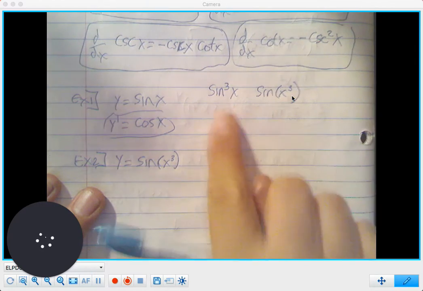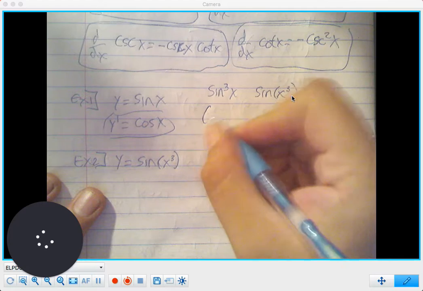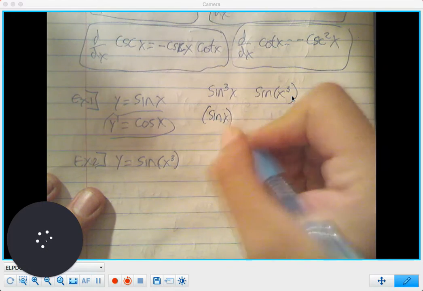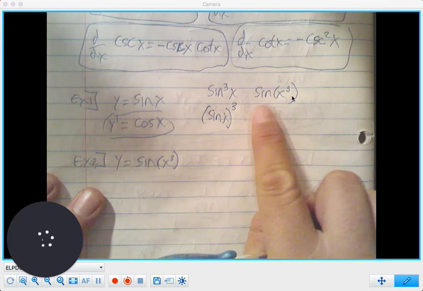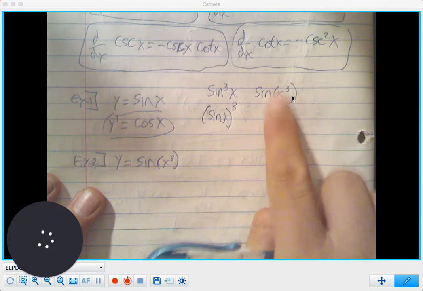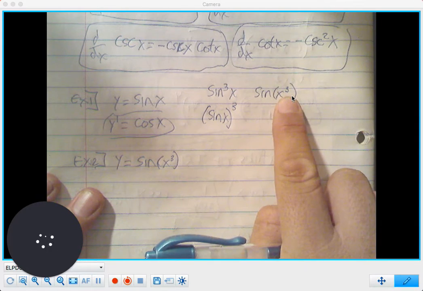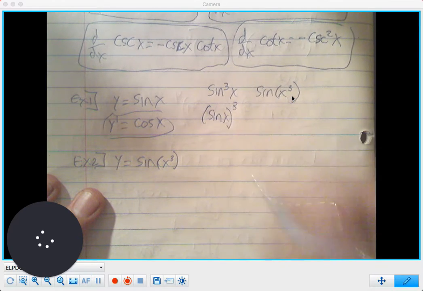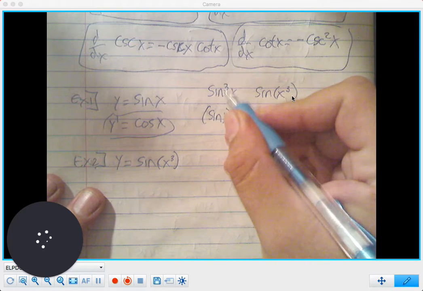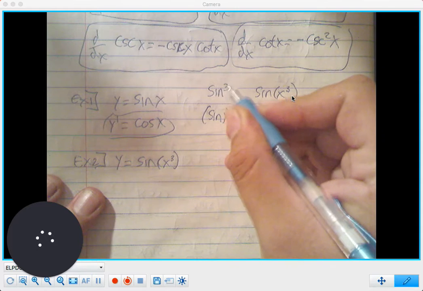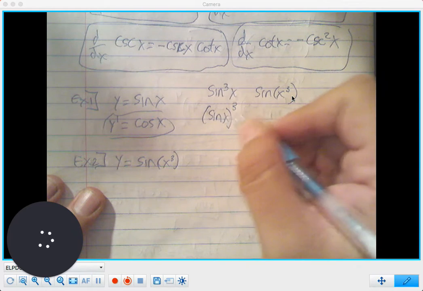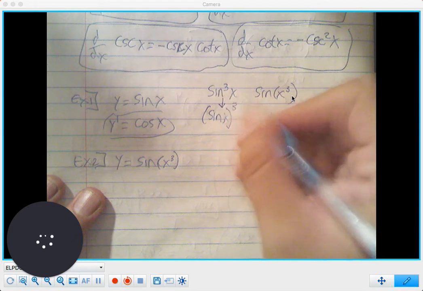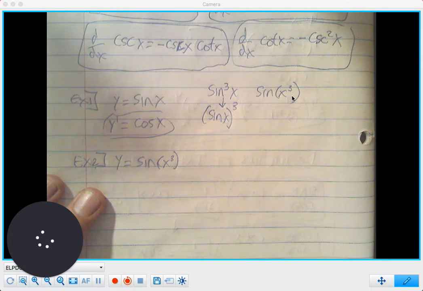This one means you have sine x and you cube it. This one means you have sine and inside the sine you have x cubed. The reason we put the 3 in the sine is that it looks cooler, but it's the same thing.